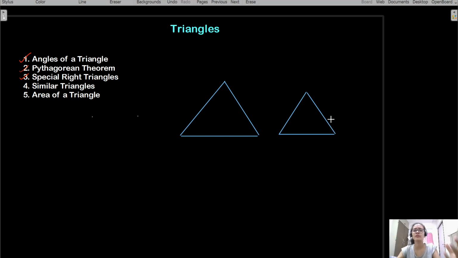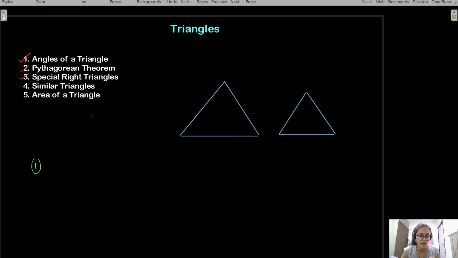Any two similar figures grow in proportion. They grow in the same ratio. Here you can see there is a big triangle and a small triangle, but they're growing at a similar rate. In similar triangles there are three important concepts that you should know.